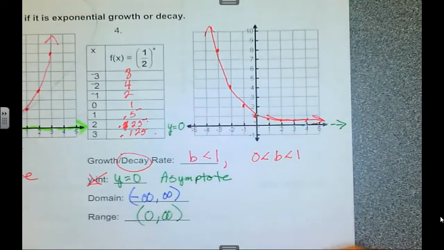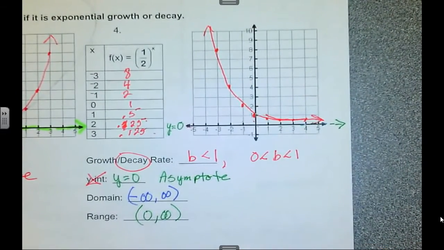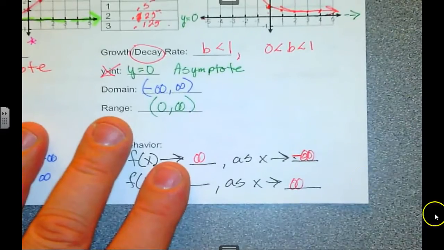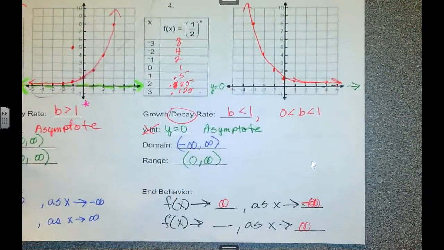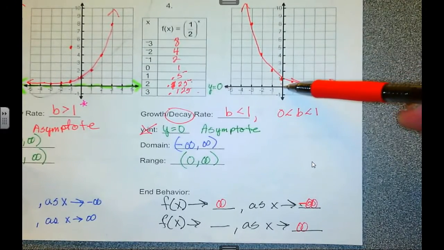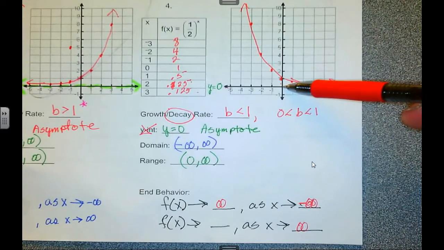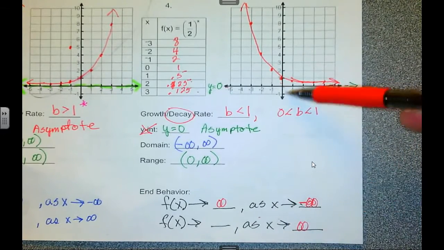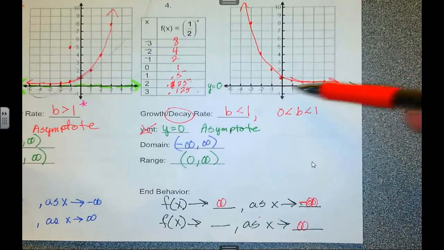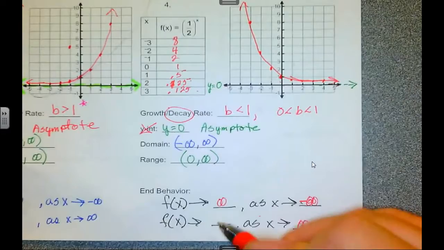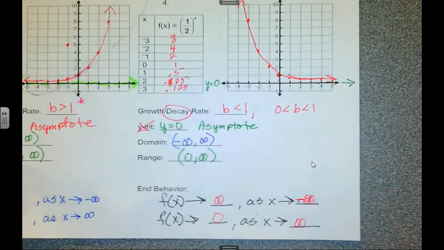Goes to infinity. Be careful. Okay, let's be careful now. We're starting at our origin. As x goes to the right, where is my y going? 0, right? Because it doesn't go past 0. And that's it.